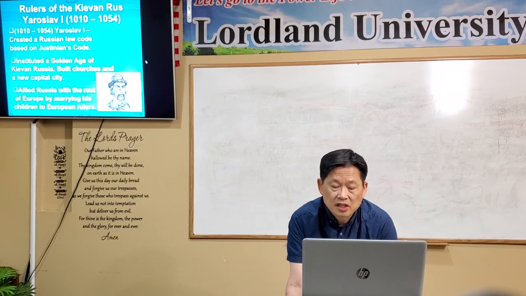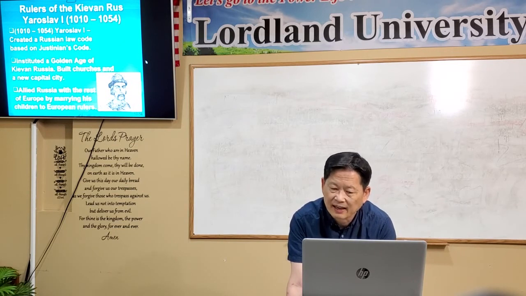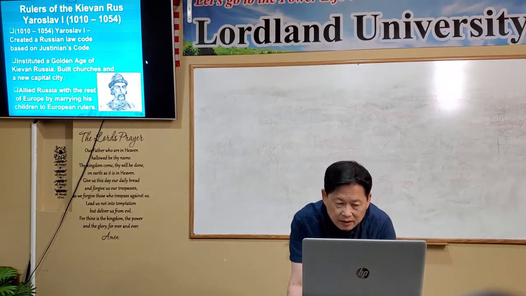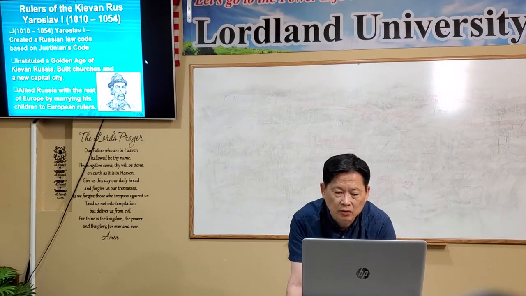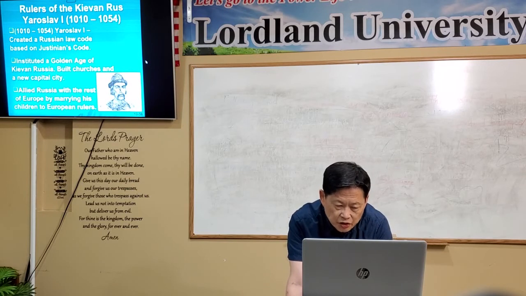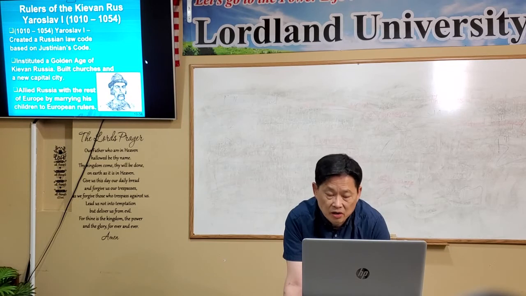This slide shows the rulers of Kievan Rus, Yaroslav, from 1010 to 1054. Yaroslav first created the Russian law code based on the Roman Justinian code. Yaroslav instituted the golden age of Kievan Russia.